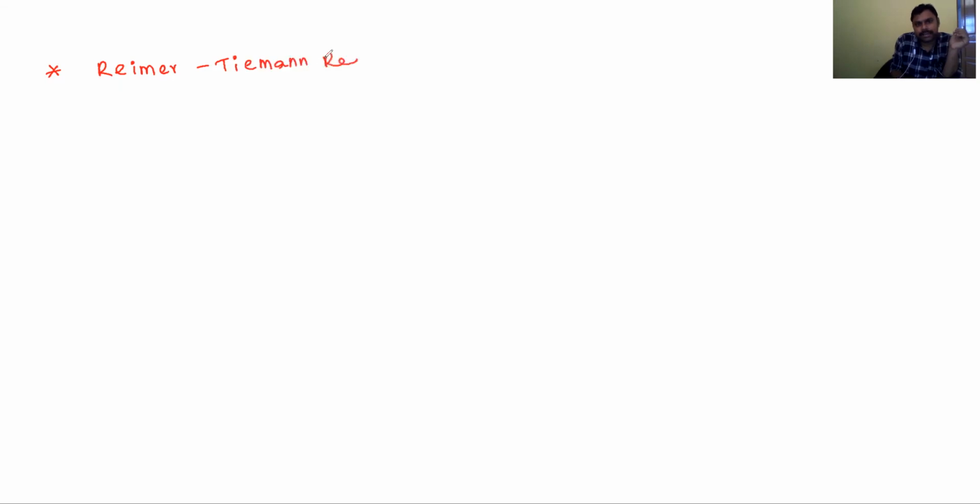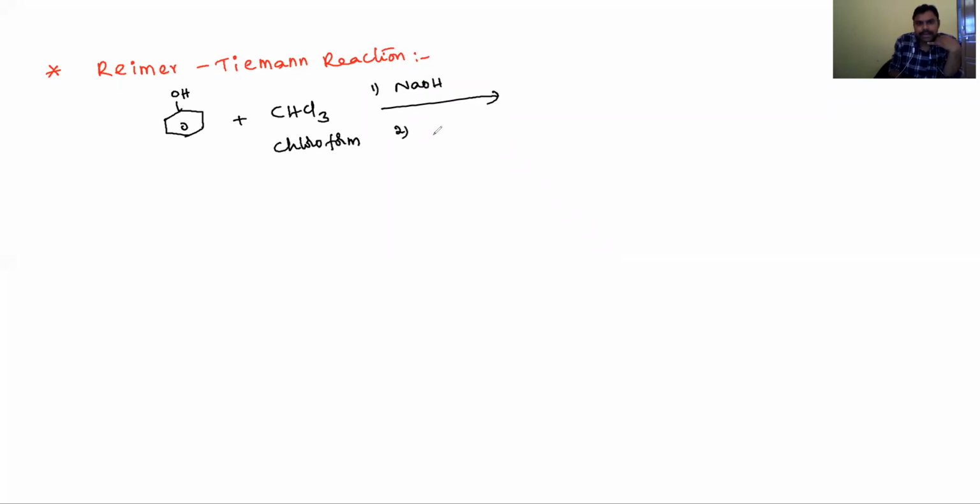This Reimer-Tiemann reaction is also very important for board examinations as well as objective examinations. What is the Reimer-Tiemann reaction? Phenol reacts with chloroform, CHCl3, in the presence of base, sodium hydroxide, followed by hydrolysis in acidic medium.